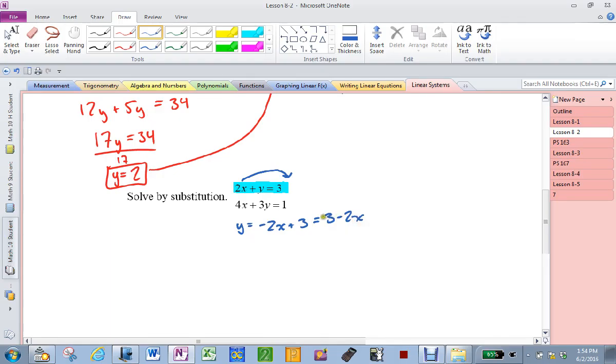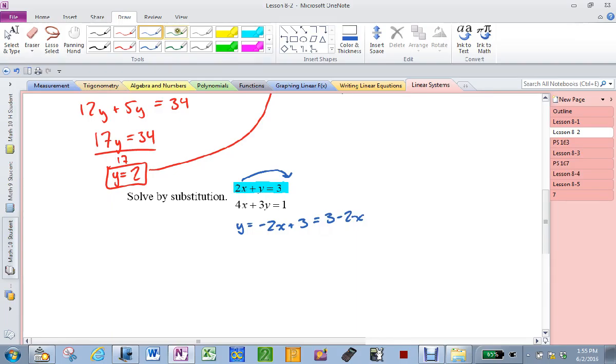And for some reason, even though they're exactly the same, you guys work better when it looks like this. Not you guys, maybe, but all the kids I've ever taught in the past. So I don't care which way you do it, because they're both the same thing. They both have a negative 2x and a positive 3. You choose. Now, do you think anything else changes?